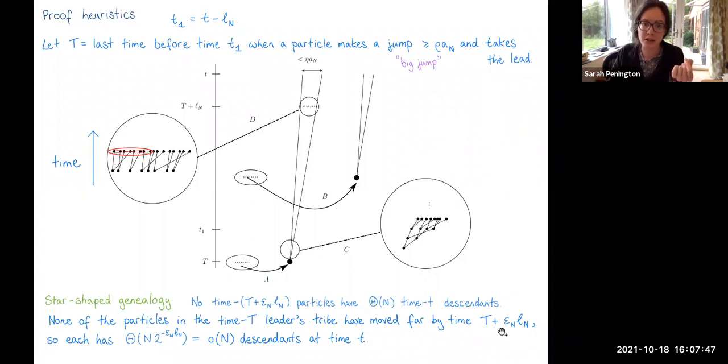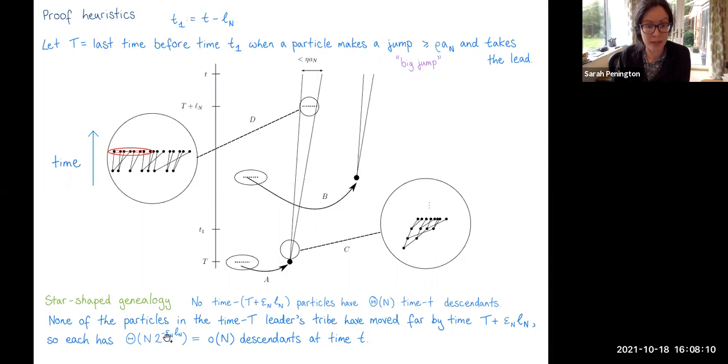So none of them have actually moved far on the space scale that turns out to be relevant. And that allows you to show, using concentration inequalities, that the descendants are fairly equally shared out with high probability. Each has of order n times 1 over the number of particles, so n times 2 to the minus epsilon n ln descendants at time t.